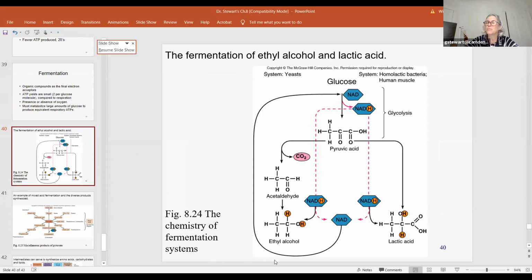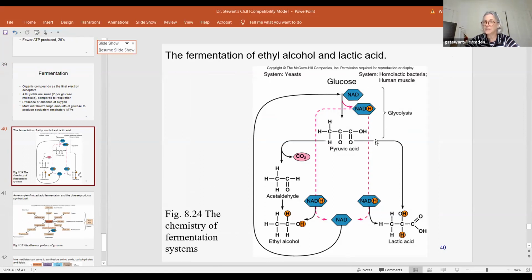For fermentation, we show you these two options, partly because they're very common and partly because we think they're ones that you are familiar with or know a little bit about. This fermentation process where we have glucose, so notice there's no electron transport chain here and there's no Krebs cycle, which is where you generate most of your NADH.